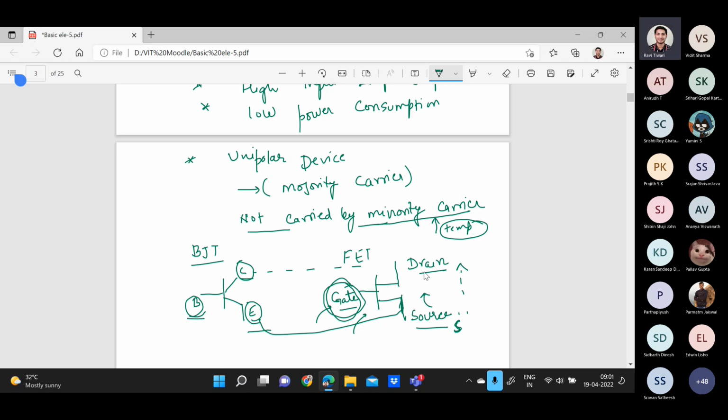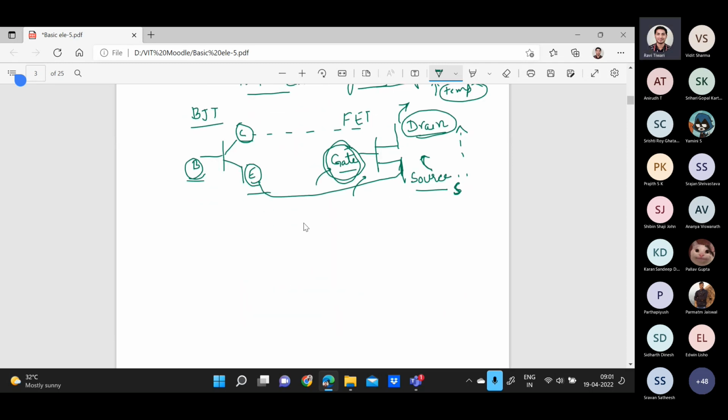Now, the drain terminal, the third terminal in FET, is the one through which the carrier leaves the channel. So the current starts from the source, leaves from the drain, and is controlled by the gate terminal. Now, as we have seen, FET is of two types.